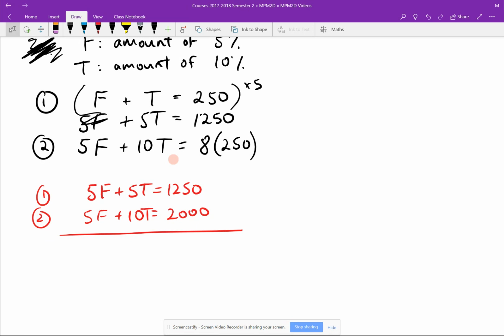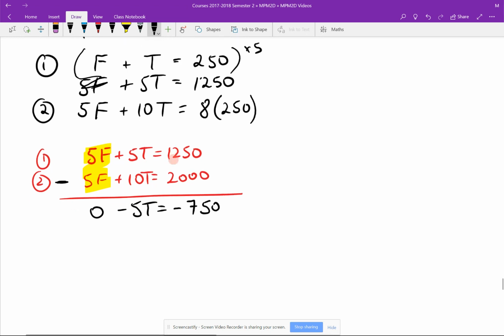I'm going to eliminate my F's here because they have the same coefficient. So 5F minus 5F is 0. 5 minus 10 is negative 5T. Remember, we're subtracting. And 1250 minus 2000 is negative 750. So now I have an equation here.